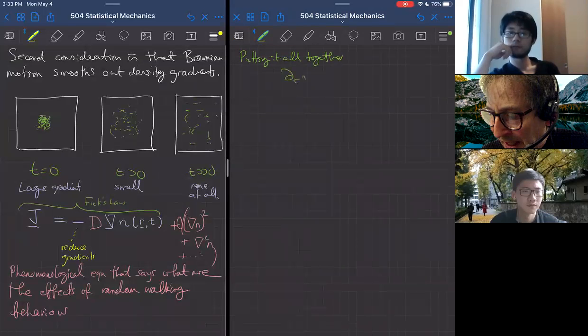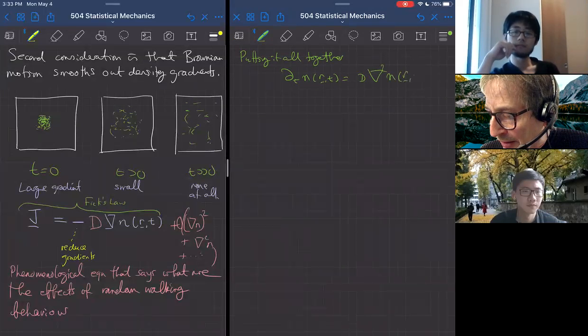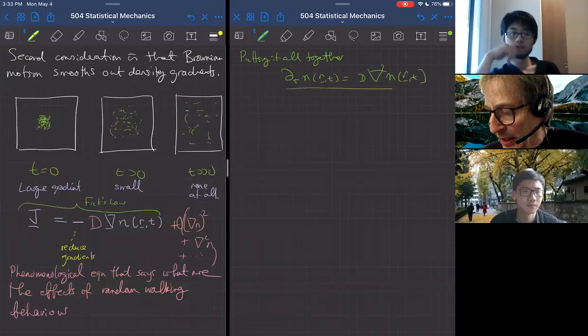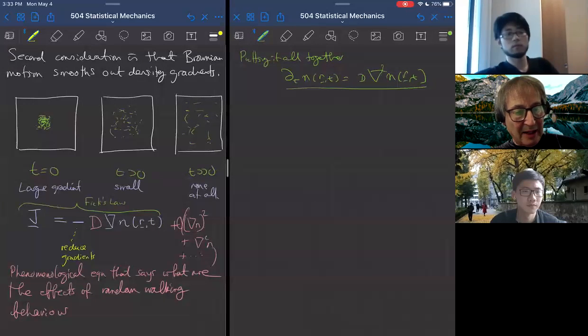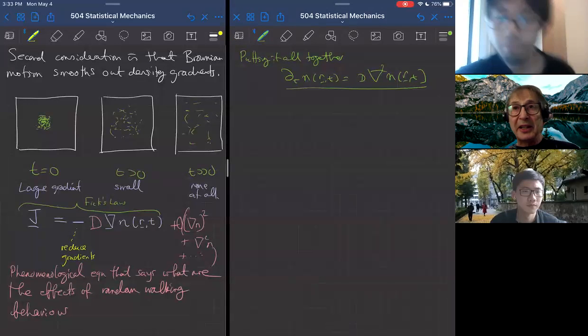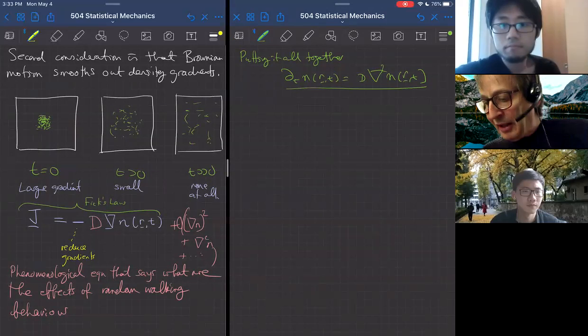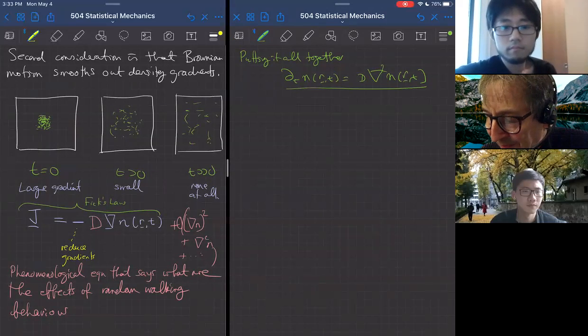what we get is that dn by dt is equal to D del squared n of r and t. And this really just is the same equation that we got for the probability, but now this is an equation for the average density.